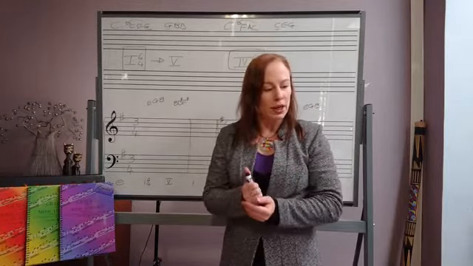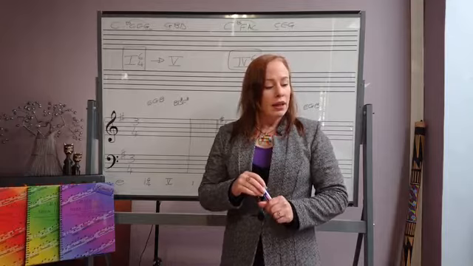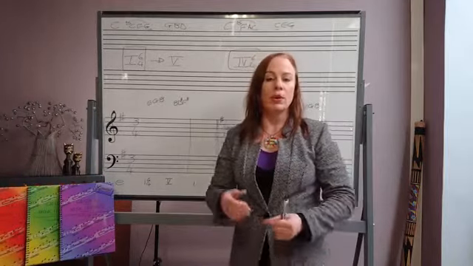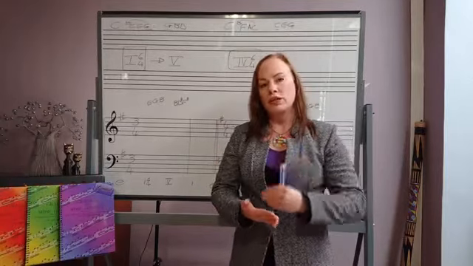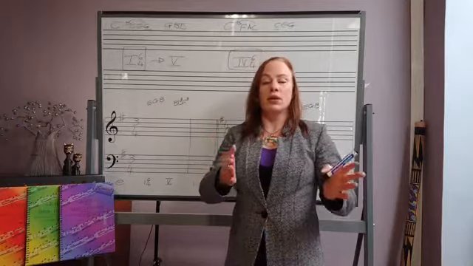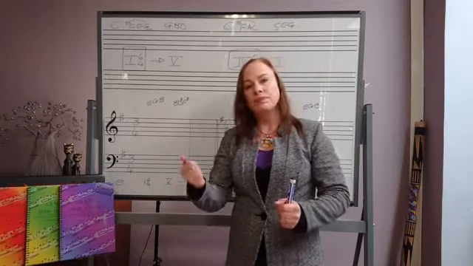Okay, so that's the one aspect. And then the other thing, when it gets to the cadential 6/4 chord, just remember that it always falls on the strong beat. It can occur at the beginning of a bar.